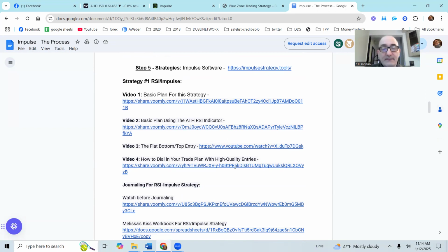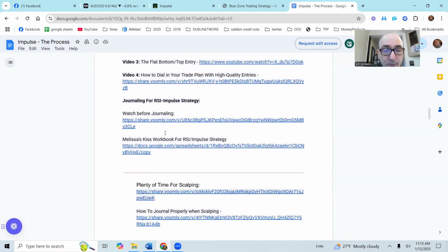And this section here is basically going to tell you to take the 100 trade challenge, because that way you'll know for yourself how this strategy works, and when you have better setups and when your setups don't work out as well. And then there's a journaling section here telling you how to journal your trades. And then we give you a beautiful workbook, or journal, as well to journal all your trades.